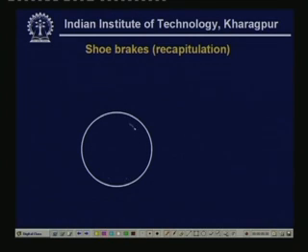There are two symmetrically placed levers, so this is the center of the drum, and at symmetric angle there are two levers, and on them there are these shoes.